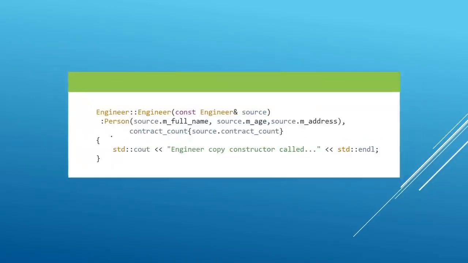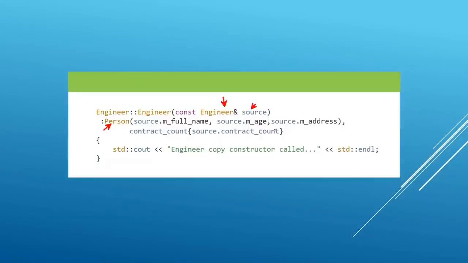Some of you are going to say, but what if we call the base constructor? We have seen that we could do that, right? But remember, this is a copy constructor. What we have on the left is an object. And it happens to be that if you set up a syntax like this with the copy constructor, the compiler is going to set up a temporary person object and a copy from that object to initialize the person part of us. So this is going to be creating a temporary copy object containing the same data we have in our engineer object.